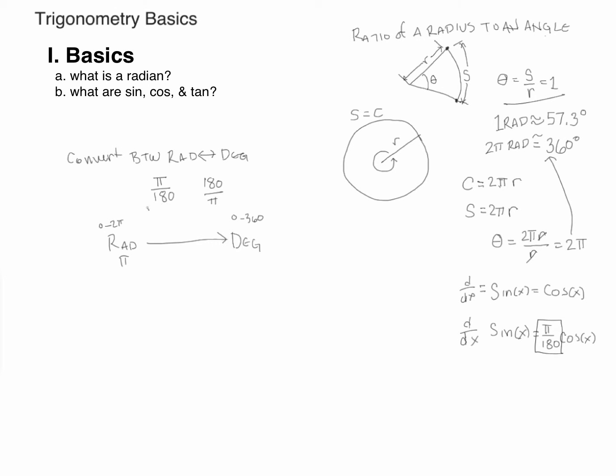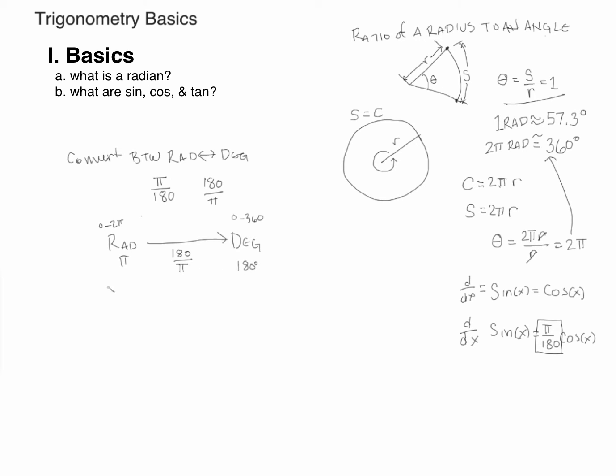Well, if we used pi over 180, we're going to get a tiny number. If instead we used 180 over pi, we're going to get a somewhat respectable number. And that's exactly what we do. So radians to degrees is 180 over pi. And if you notice, that's going to give us 180 degrees, which is exactly what it is.